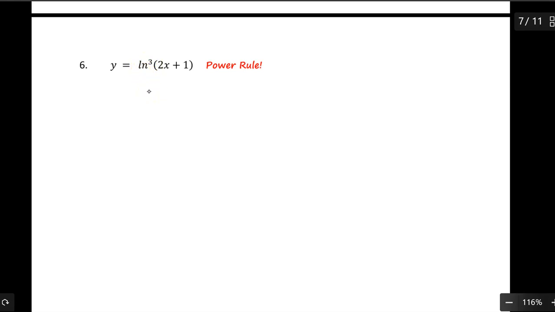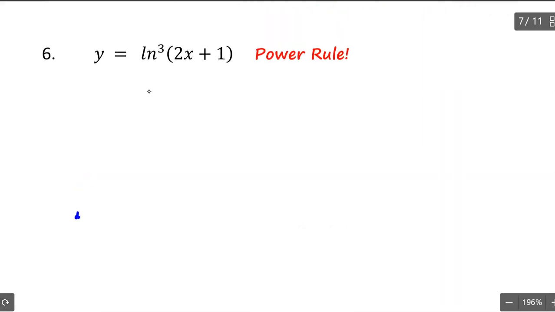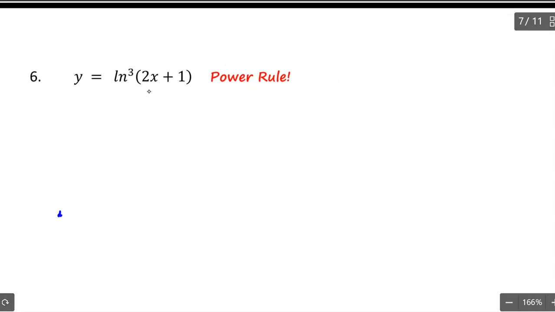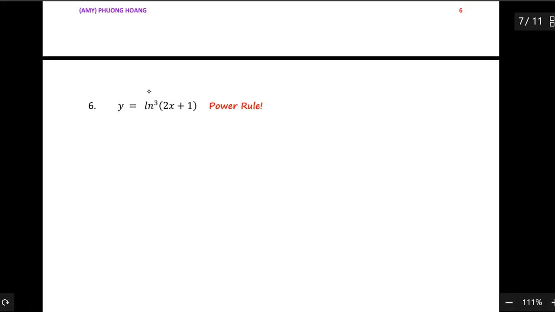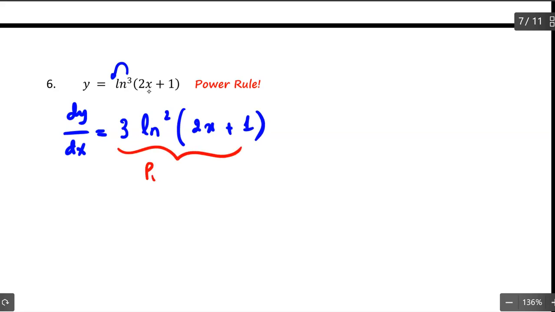So in this case, dy over dx: the first thing is to apply the power rule. So take 3 and multiply out here, so 3 ln squared of 2x plus 1. I'm going to remind everyone to apply the power rule.